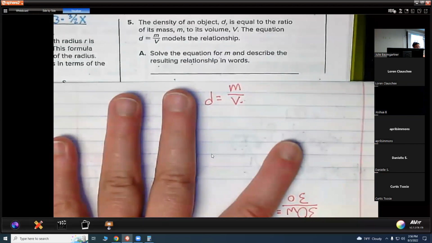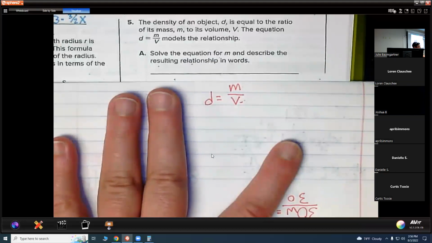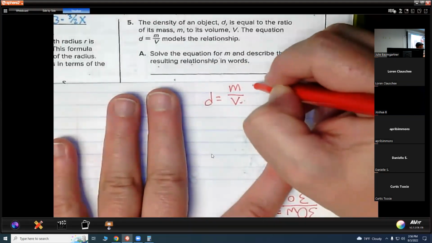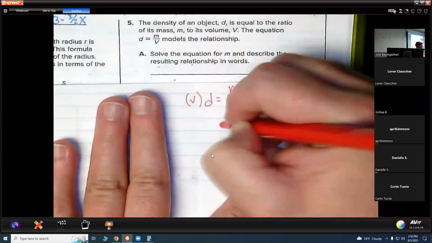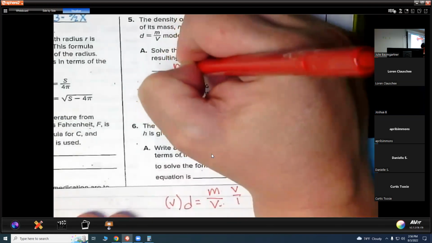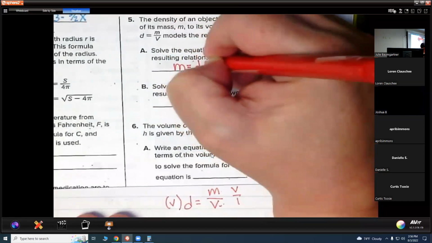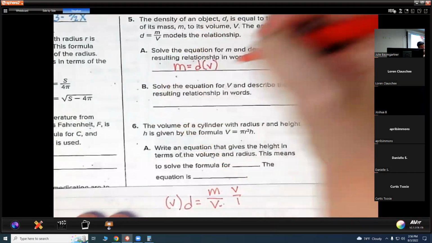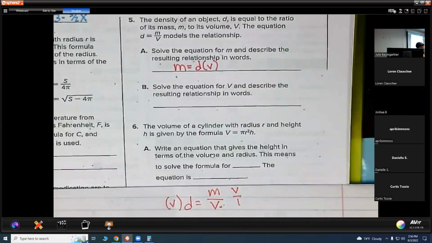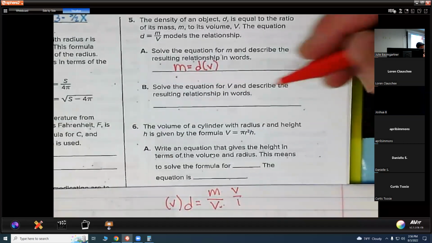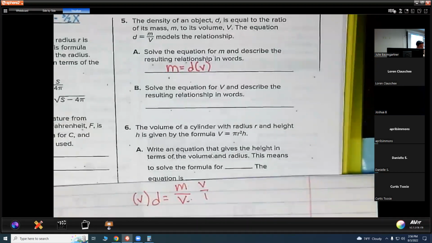It's being divided. Multiply. Good. So I'm gonna multiply both sides by V. So we know that M equals D times V.